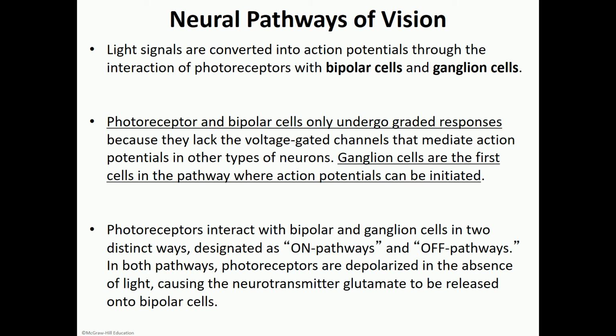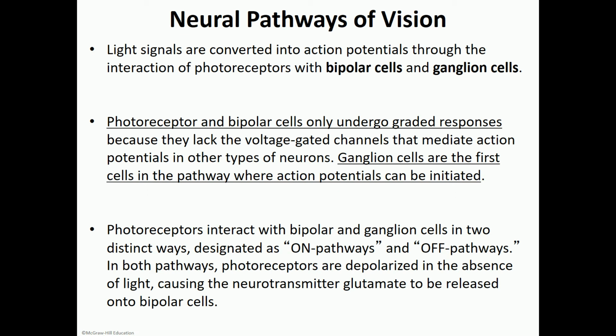Remember, these rods and cones do not have voltage-gated ion channels, but that graded potential is going to transfer over to the bipolar cells. Same with the bipolar cells, they do not have voltage-gated channels, but they will transfer that graded potential to your ganglion cells. Now, ganglion cells, again, are the first cells in the pathway where an action potential can be initiated because they do have these voltage-gated channels.